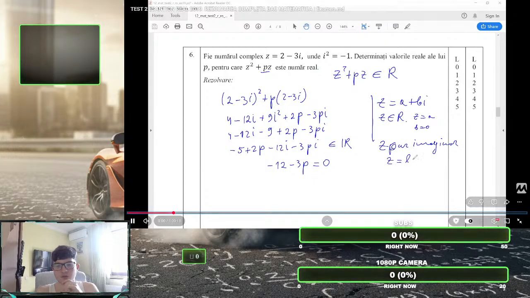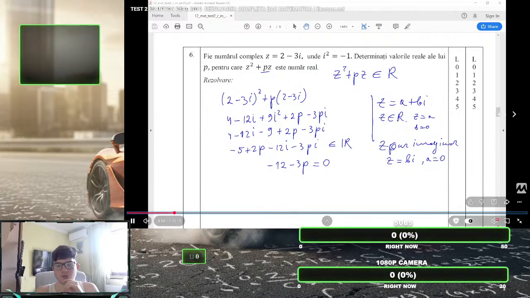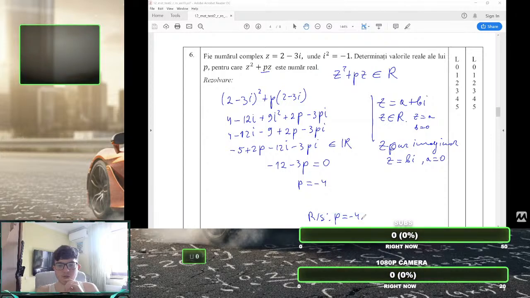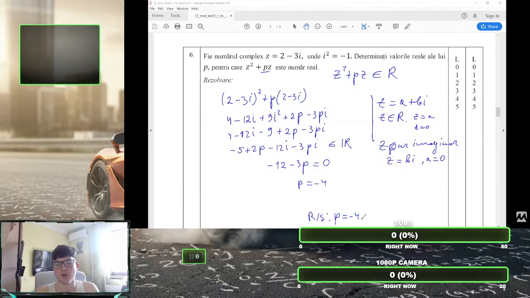And basically you have that minus 3p is equal to 12, so p is equal to minus 4. And you put it in the response, and that's what you have right there.